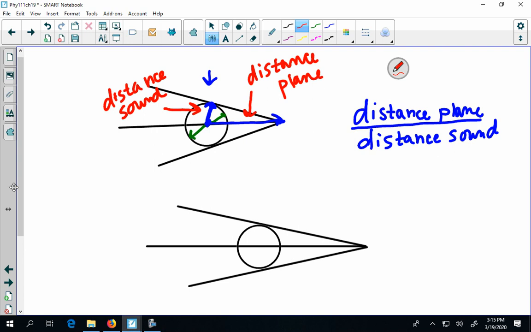So let's say I do that, and I get the distance the plane traveled was, say, 10 centimeters. It's probably not if we measure that. And the distance sound traveled was 2 centimeters. That means in the time it took sound to go 2 centimeters, the plane went 10. If I divide 10 by 2, I get 5. So the plane is moving 5 times faster than sound.